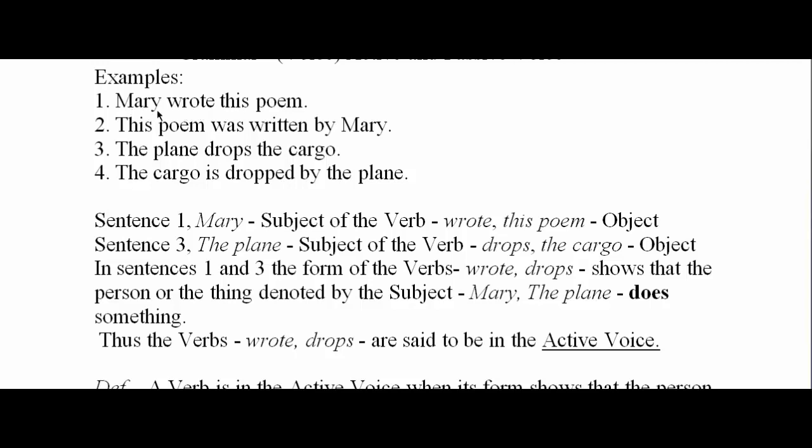Writes or wrote a poem. What does the subject plane do? It drops the cargo. Thus, the verbs wrote and drops are said to be in active voice since the subject of the sentence does something, acts. It is called the active voice.